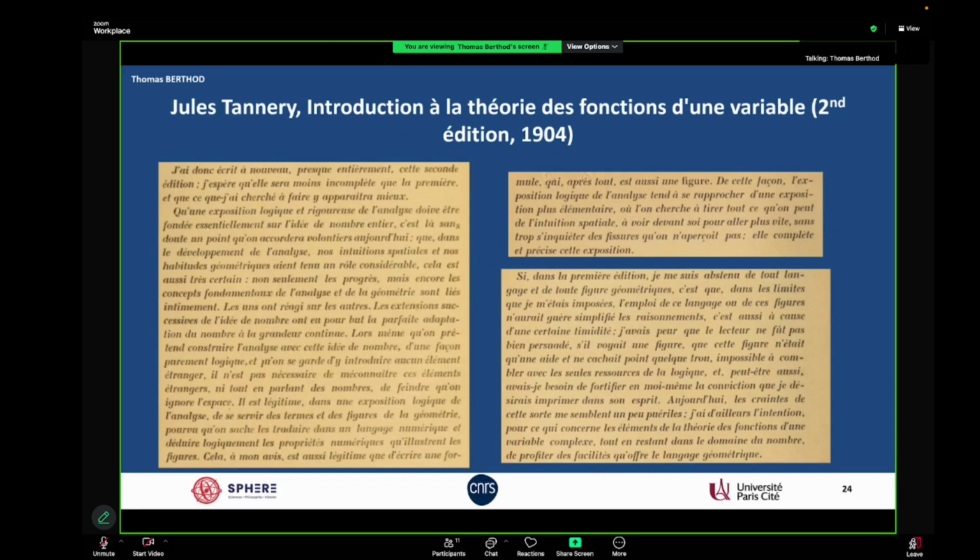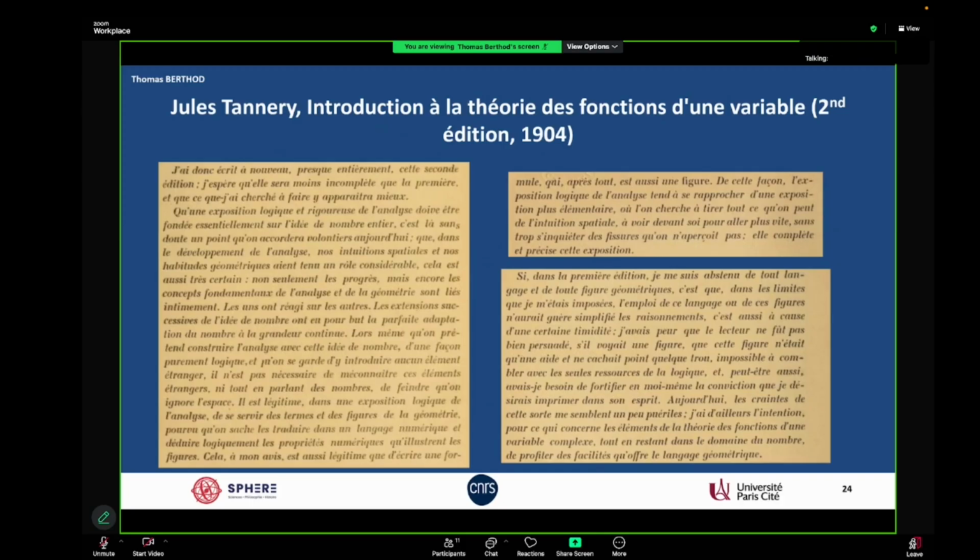So maybe I should make more research on this side, but for the moment I have no explicit use of their diagrams for the development of analysis. Just some commentary of other mathematicians, like Cité. Okay, thank you very much.